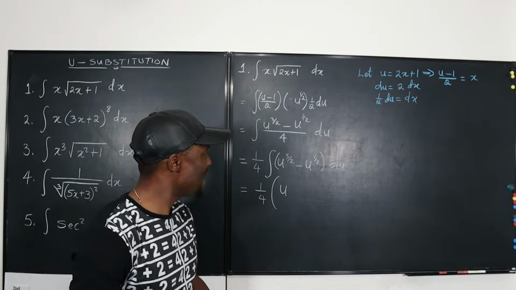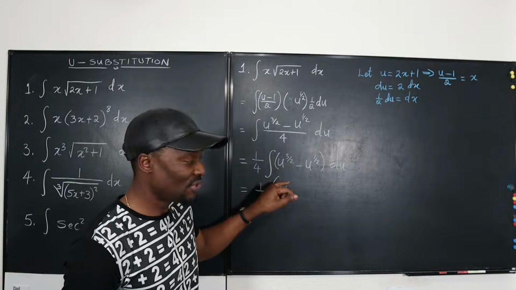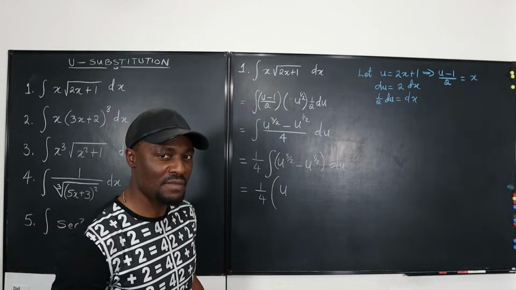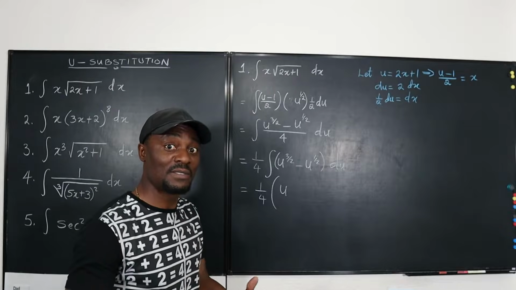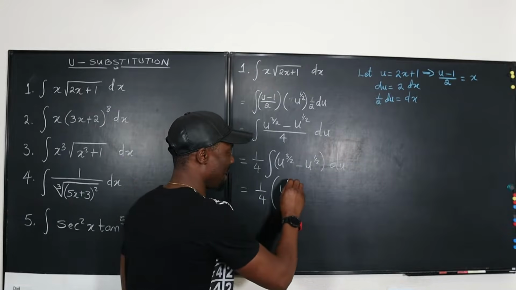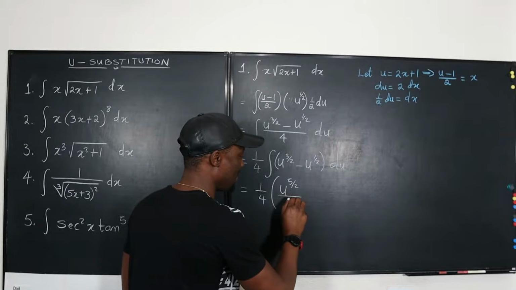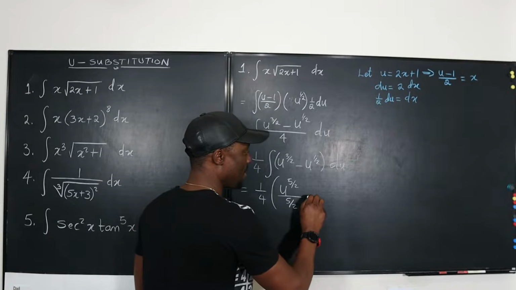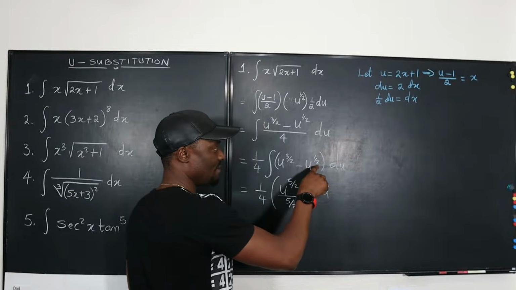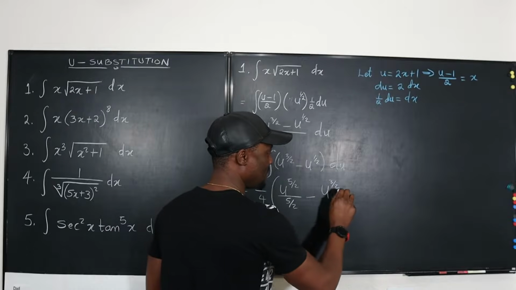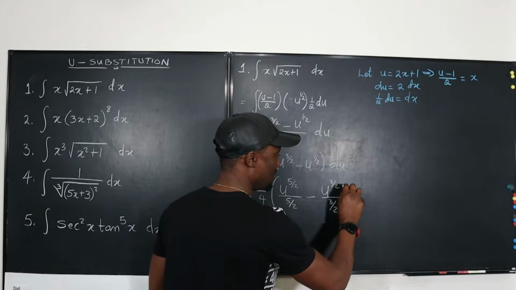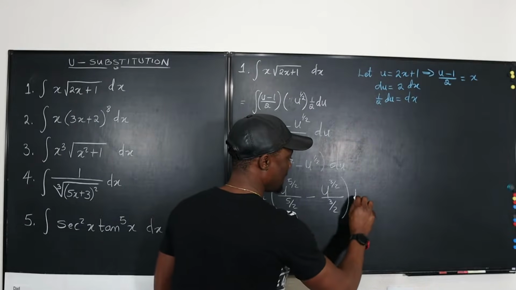The fastest way is just to add. If this is a fraction, say 2 plus 3, what do you get? 5. It's the same thing as 3/2 plus 1, so 2 plus 3 is 5, that's 5/2 divided by 5/2, minus, this is u, do the same thing, 2 plus 1, that's 3/2 divided by 3/2, and plus c.